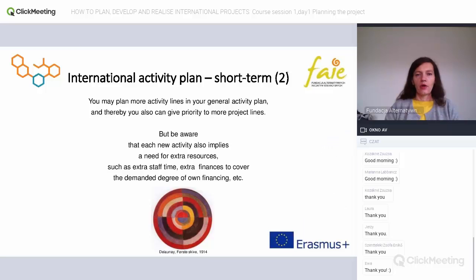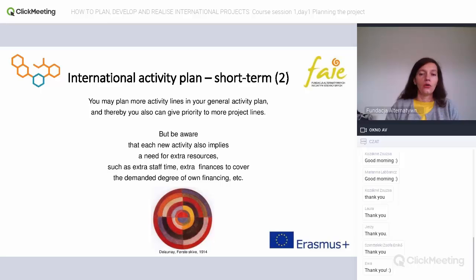And summarizing the international activity plan, obviously when you have a strategy for your organization, there will be a lot of activity plan lines. You have various areas of activity. And you may decide to enter into international cooperation in just one or two areas of your activity.